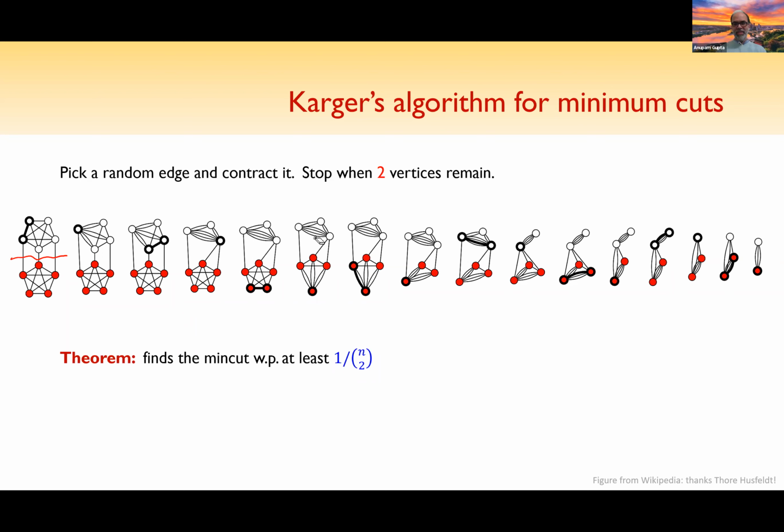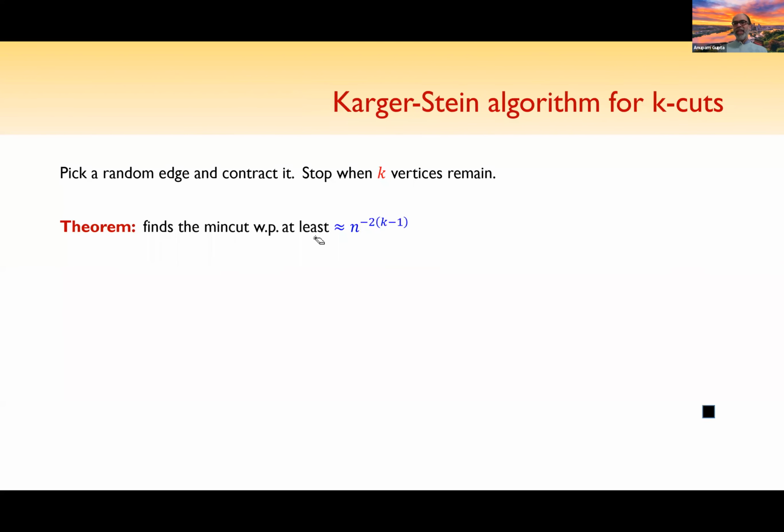It's good. So this is Karger's algorithm for minimum cut. And the Karger-Stein algorithm for minimum k-cut says pick a random edge and contract it and stop when there are k vertices remaining. And each of these k super nodes that we've got now are agglomerations of vertices. And those are the k components that we've got.